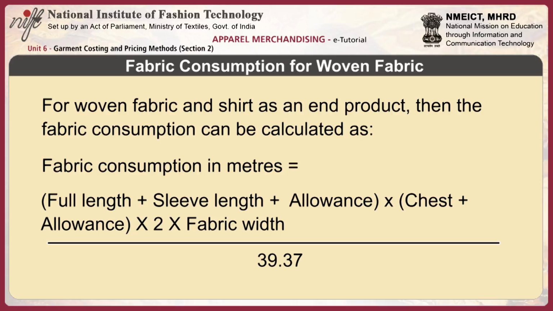Fabric consumption in meters could be full length plus sleeve length plus allowance, multiplied by chest plus allowance, multiplied by 2, multiplied by fabric width, the whole thing divided by 39.37, which is a constant. That would give fabric consumption of woven fabrics in meters.